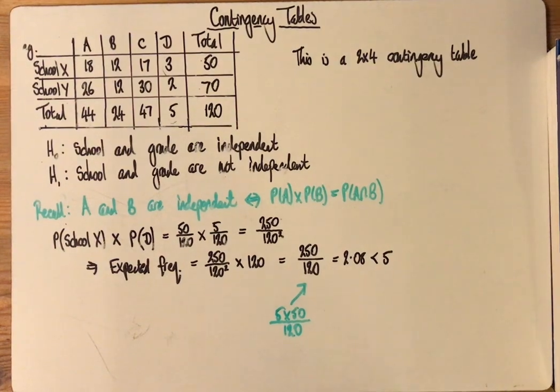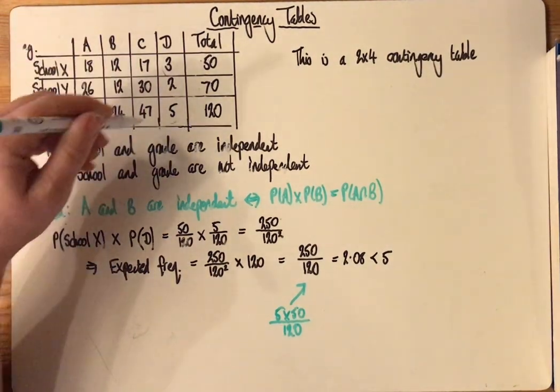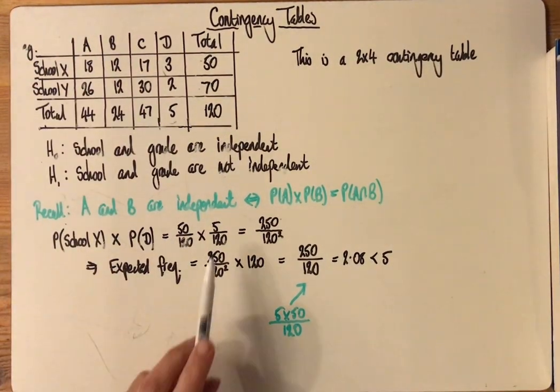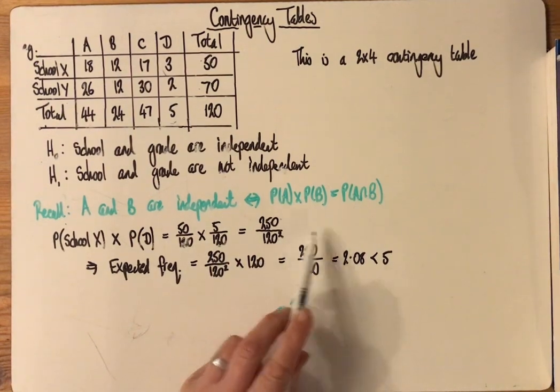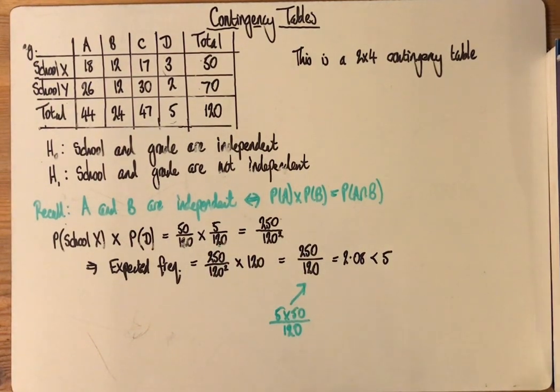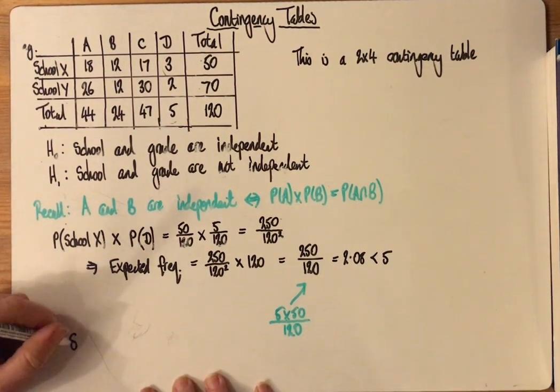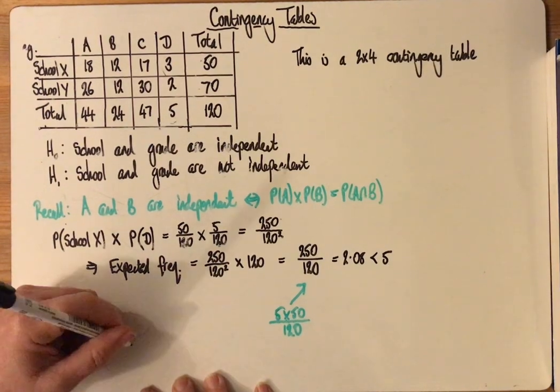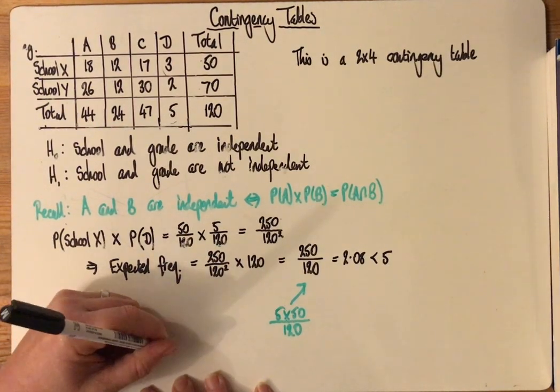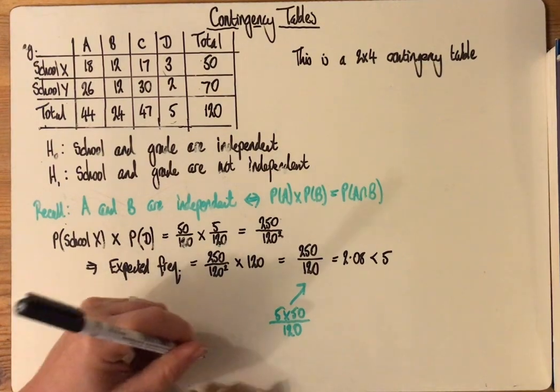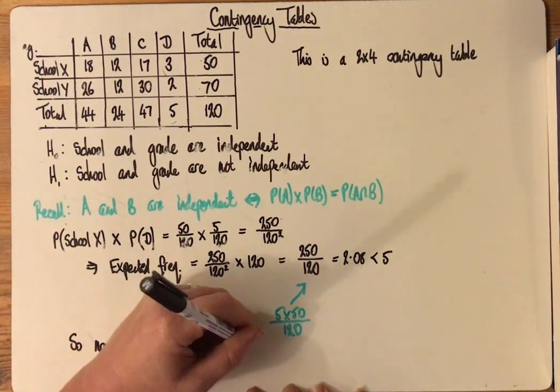And that method will work wherever you are in the table, but it comes from here and then timesing by 120, just so you understand where that process is coming from. So that's below 5, so you need to combine rows or columns as appropriate.